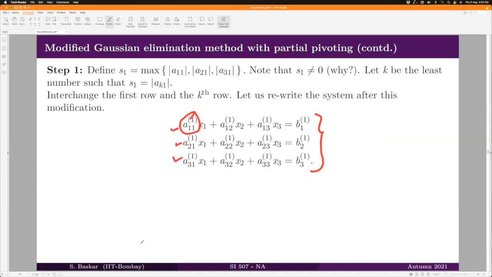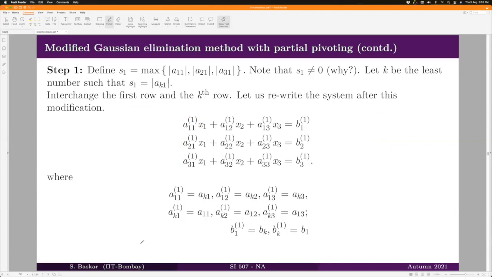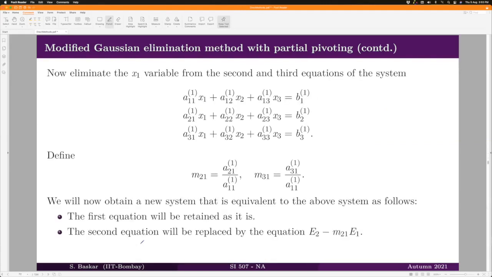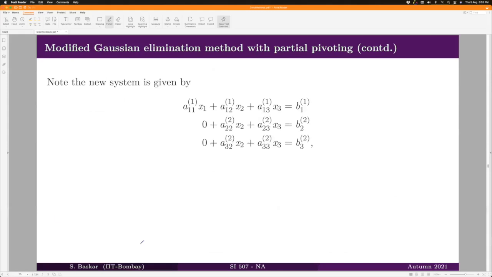And now you do the same calculation as we did in the naive Gaussian elimination and obtain the eliminated system at the first step. Let me just skip all the discussions. These are just the same as the previous discussion.